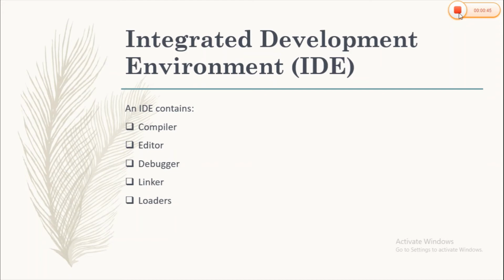An editor is the area in which we write our code. A debugger is used to debug our program. Comparing compiler and debugger, a compiler removes syntactical errors in our program, while a debugger removes logical errors. Linkers and loaders are processors of our program.